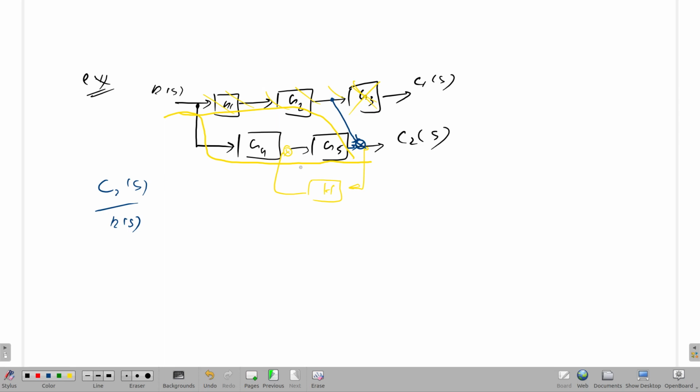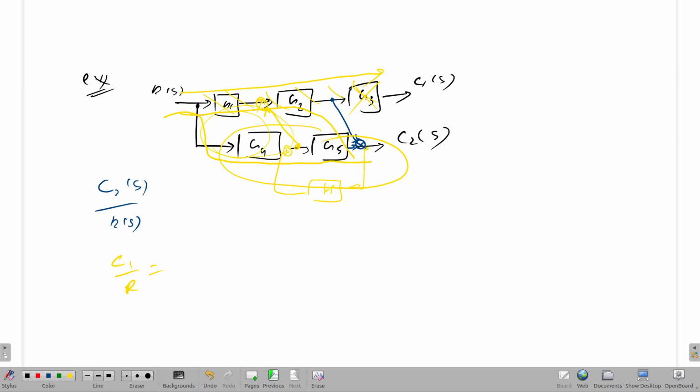And in this particular case, if we are considering C1 by R, then you have to consider this particular path. Here you don't have to consider this one, because there is no feedback from here, so there is no point in considering this path. If there was some feedback, suppose some signal was coming from here to here, then you have to consider this much also.